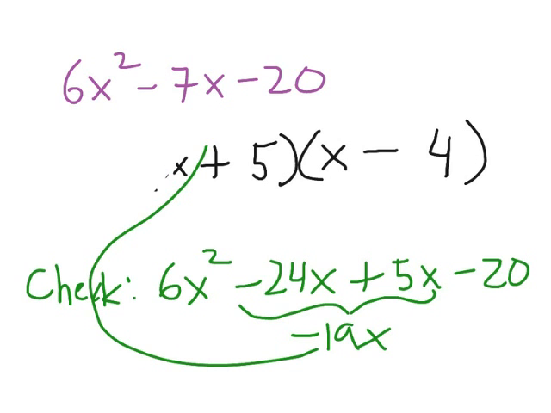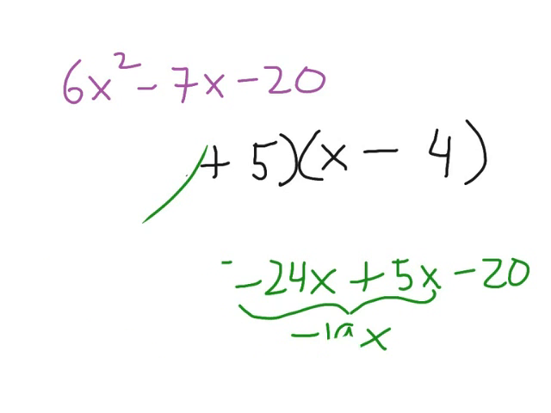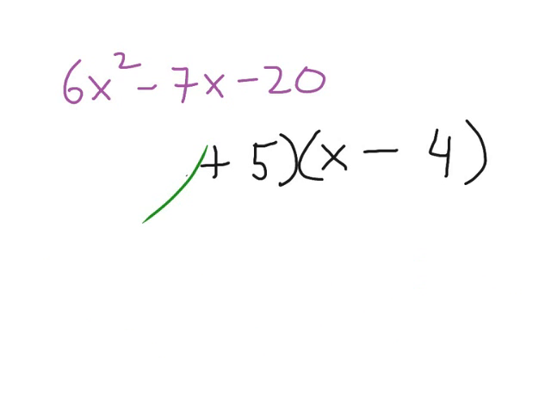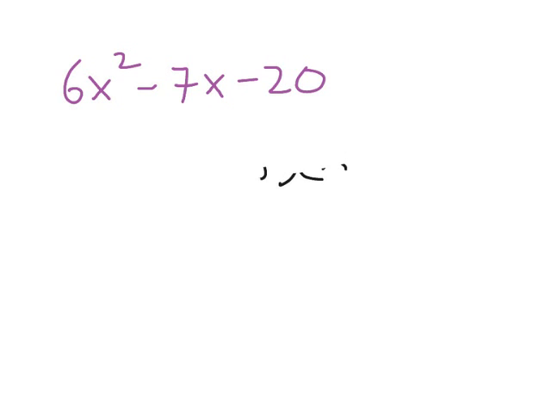Alright, so let's try this problem again, but I'm going to do it by a different method, one that you might not have seen before. This is the one that I prefer, and it's the one that's actually shown in your book. The method is the grouping method, just like we did a minute ago for 4 pieces. The way this grouping method works is you multiply the numbers on the end.